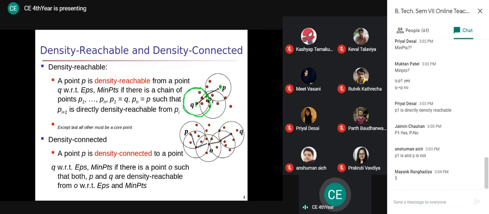Q, P1. Right now we just have two entities, Q and P1. So now, just for this example, can you imagine whether this P is density reachable from Q or not?